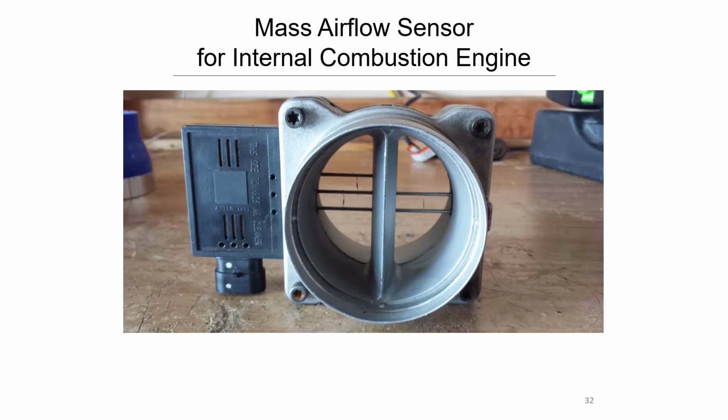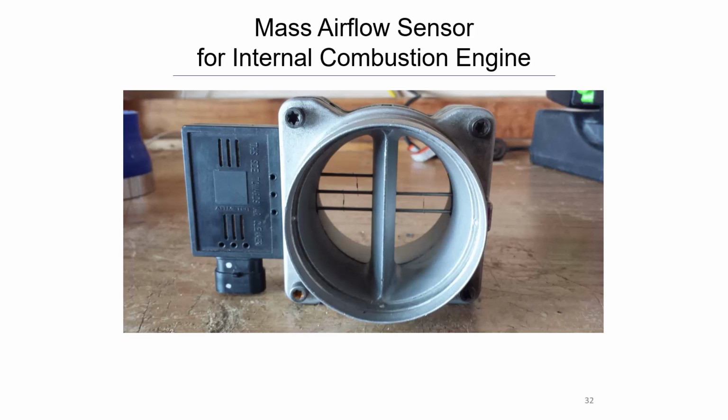And then if instead the air is moving through there more slowly, then it's not going to be removing that heat. It's going to heat up and the resistance is going to increase, which is going to decrease that current. And then by measuring that, it is fed to determine what the gas air mixture should be.